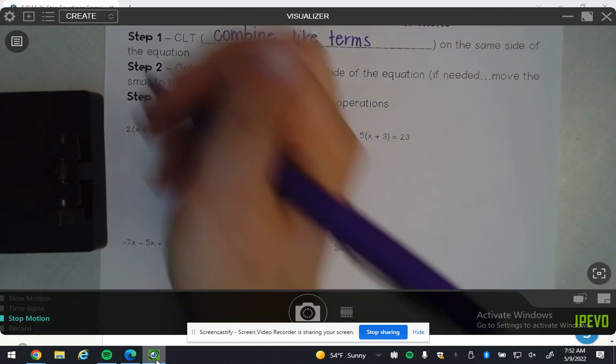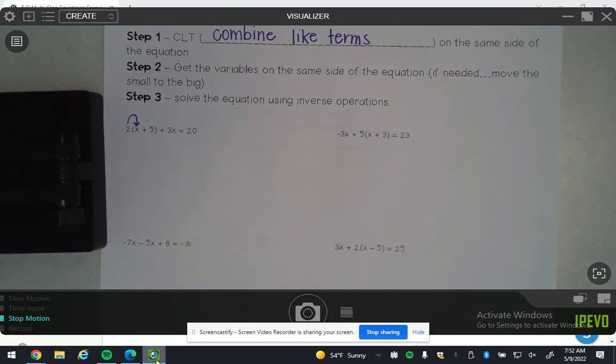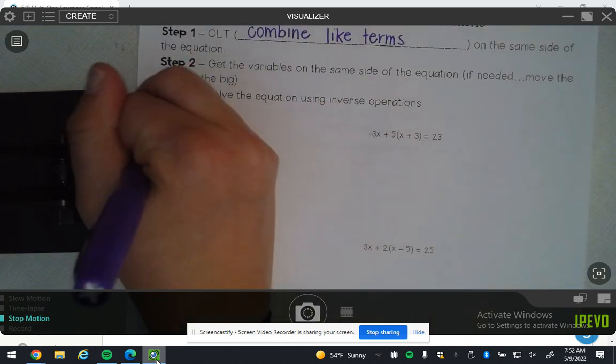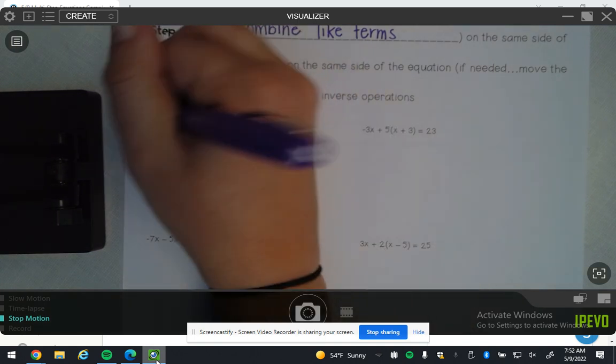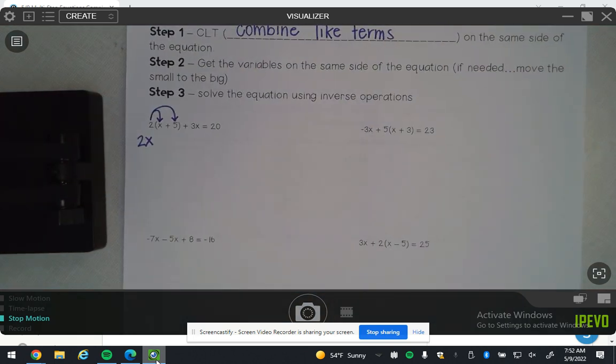You distribute. So you're going to do 2 times x. What's 2 times x? 2x. Do I need to distribute the 2 to anything else? Is there anything else still in the parentheses? There's a 5, right? So I need to do 2 times 5.